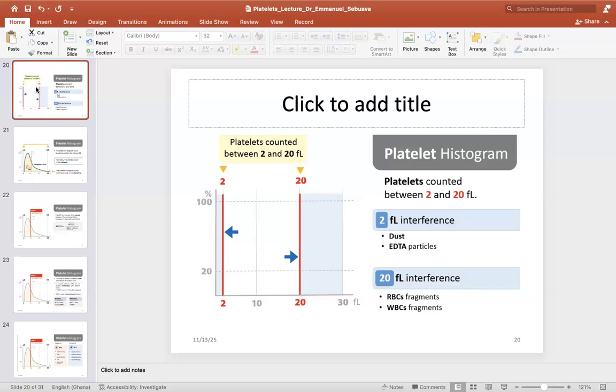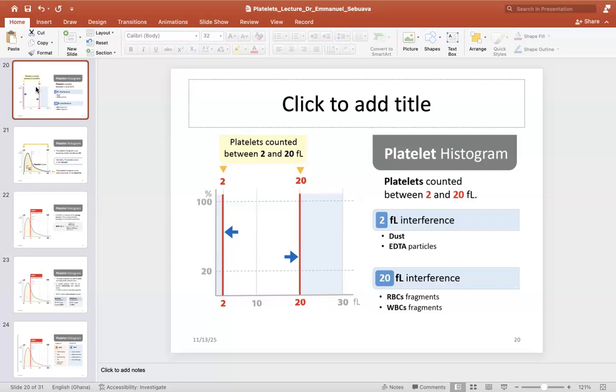Now, if you have particles like dust particles or some microbial contamination in your reagent, they are going to be counted in the category very close to the platelet, or in the lower size range of the platelet counting range.